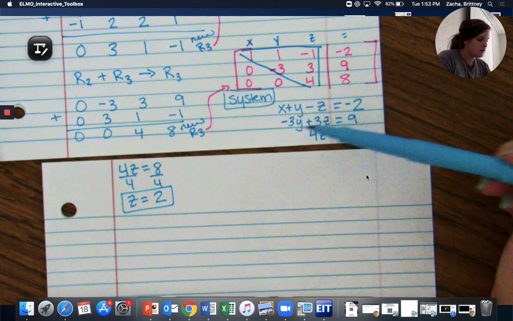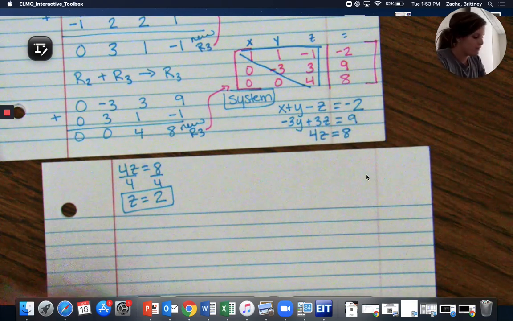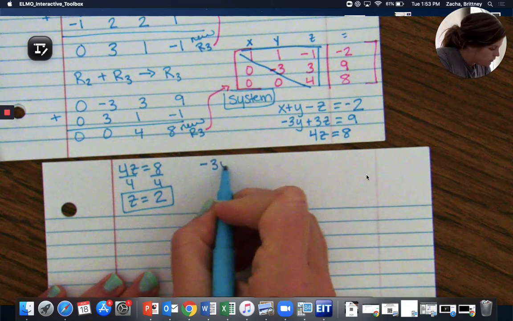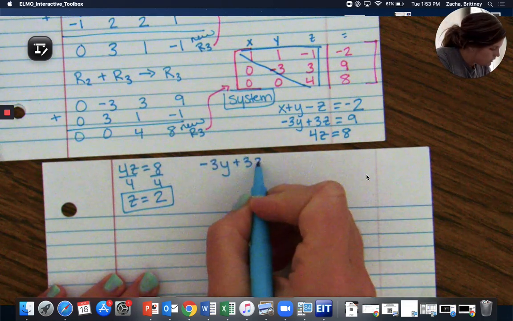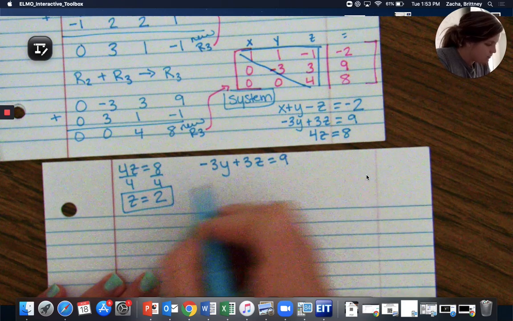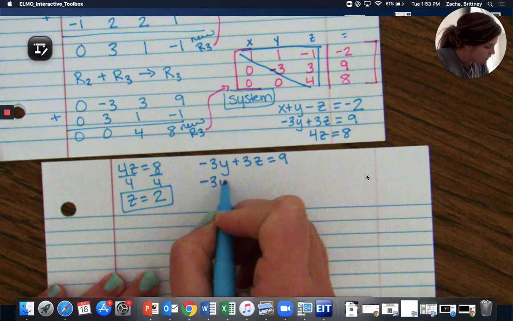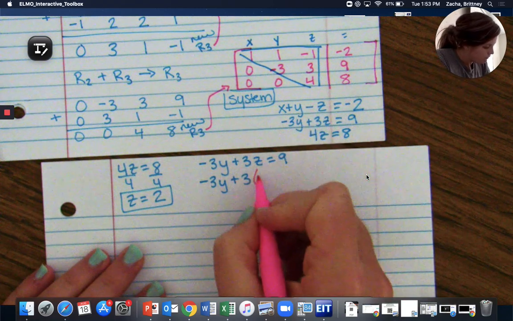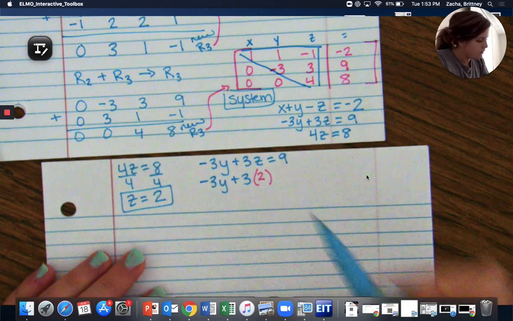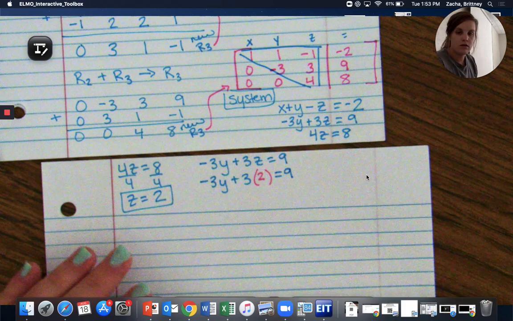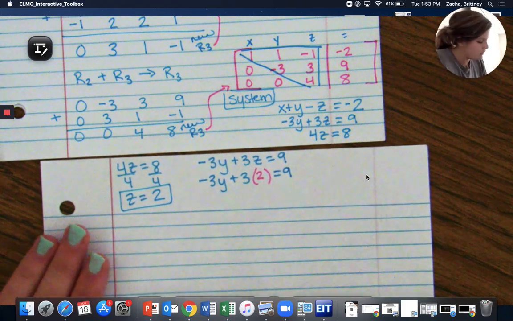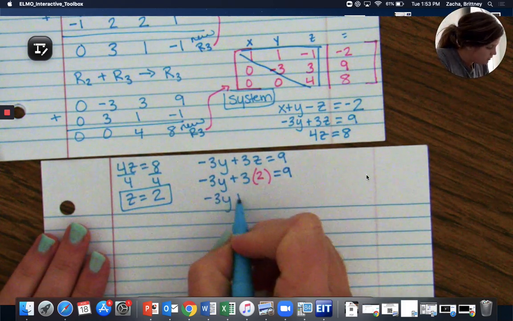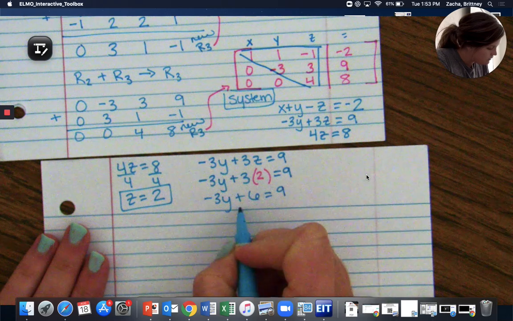We can substitute that into equation 2. So I can take negative 3y plus 3z equals 9, and I could sub that in for z. Okay, so on a mission to solve for y, so negative 3y plus 6 equals 9, subtract 6, and we go through this part kind of fast.